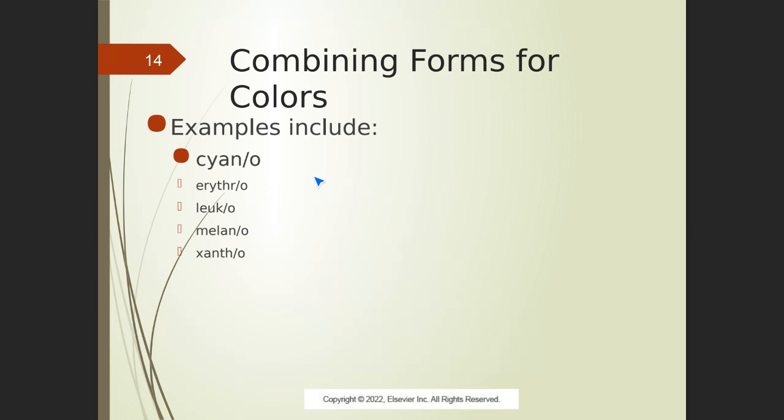You're also going to see, because we're talking about body structure, descriptive terms of color, because one of the things that you're going to see in all of our patients is either signs or symptoms. And remember, signs are things that can be measured.